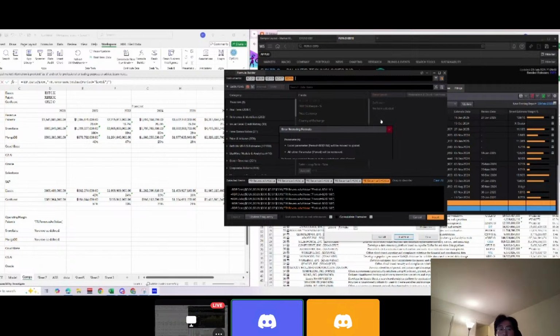So I think the main ones to consider here are the operating margin and then free cash flow margin. Yeah.